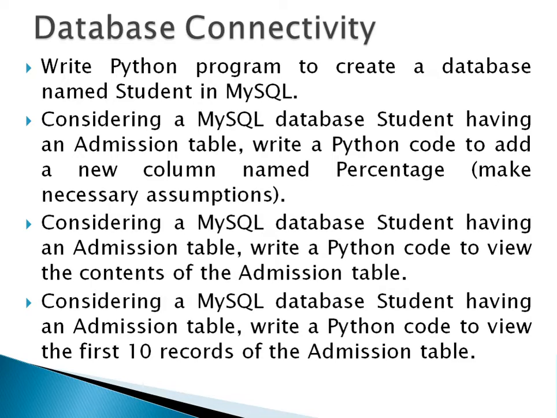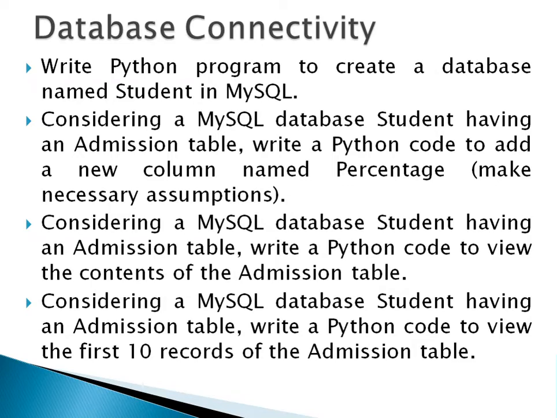The next question can be this: considering a MySQL database student having an admission table, write a Python program to view the contents of the admission table. So this is a DQL command. This will be using the SQL query select star from admission, and after that you will be fetching all those records in the record set using the fetchall method, because the question is to view the contents.